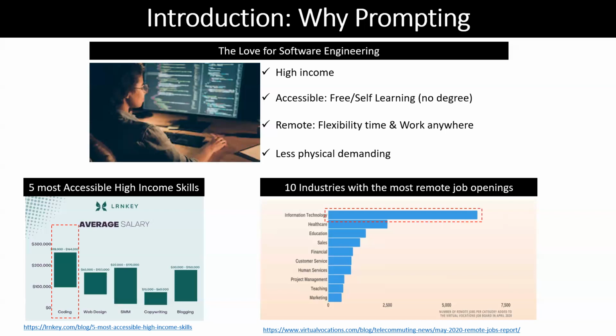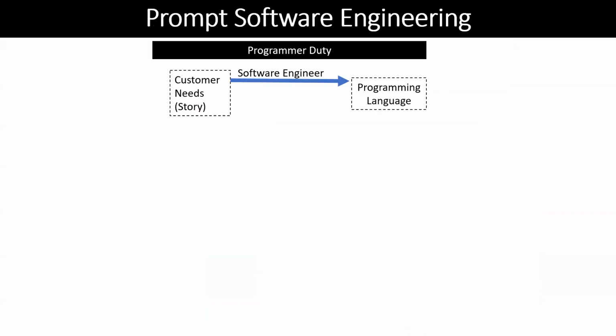This course is to solve the challenges and difficulties in carrying out software engineering tasks. Briefly, let's take a look at what software engineers do, and compare it to what prompt software engineers do. Briefly, software engineers convert client or customer stories into programming language or code.